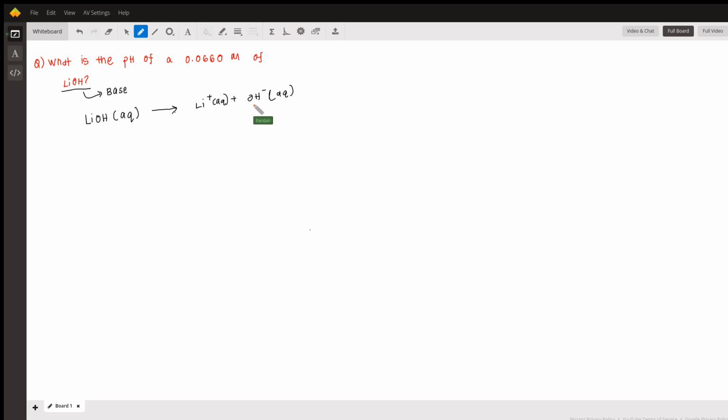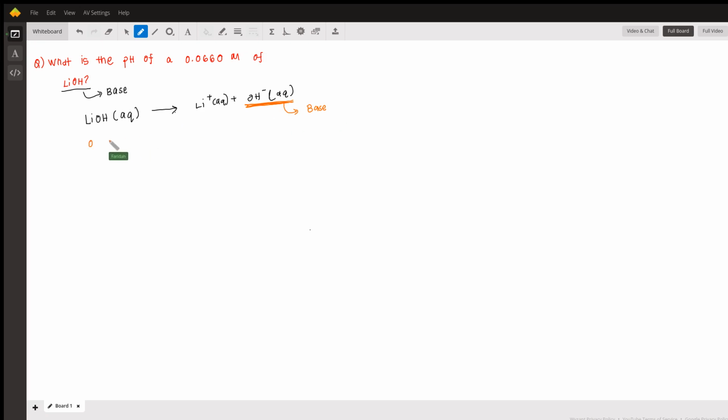You can see here there is formation of OH minus. So when we hydrolyze a substance and it increases the OH minus concentration, then that is called a base.